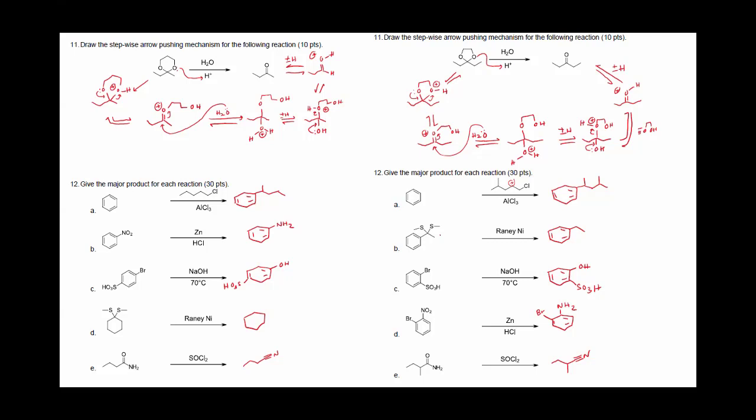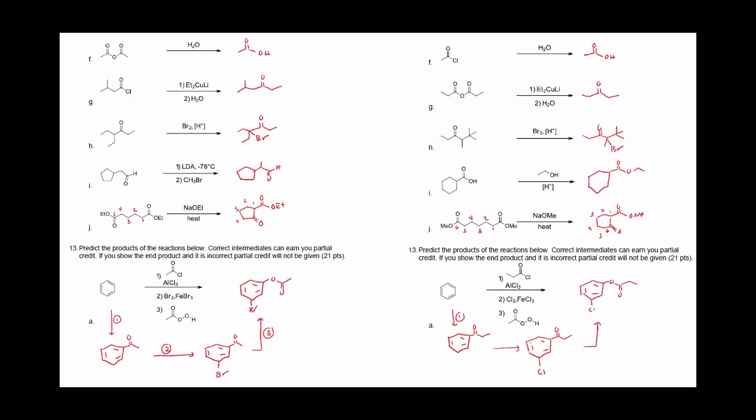And then for 12A on both of these, there should be a rearrangement there with that alkyl group that's being added. So you should have a secondary group there. And then the rest of the problems, I think, for you guys seem to be okay. Any questions on this page? And here's the next one.